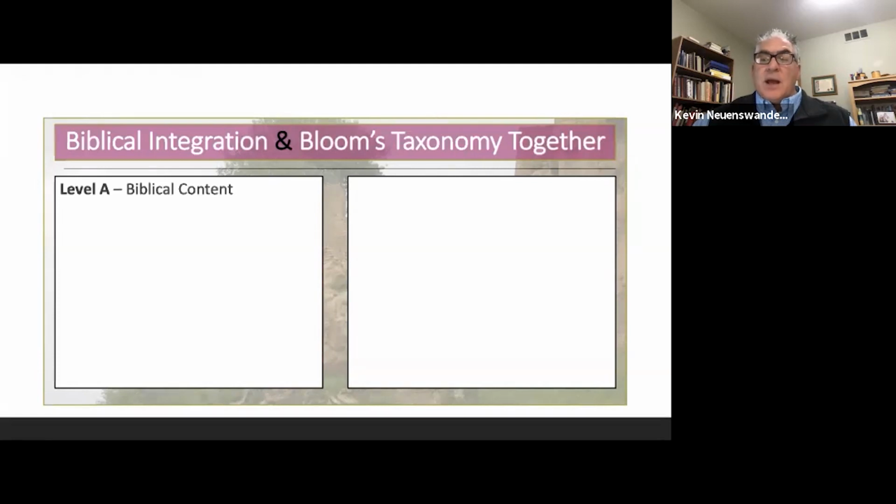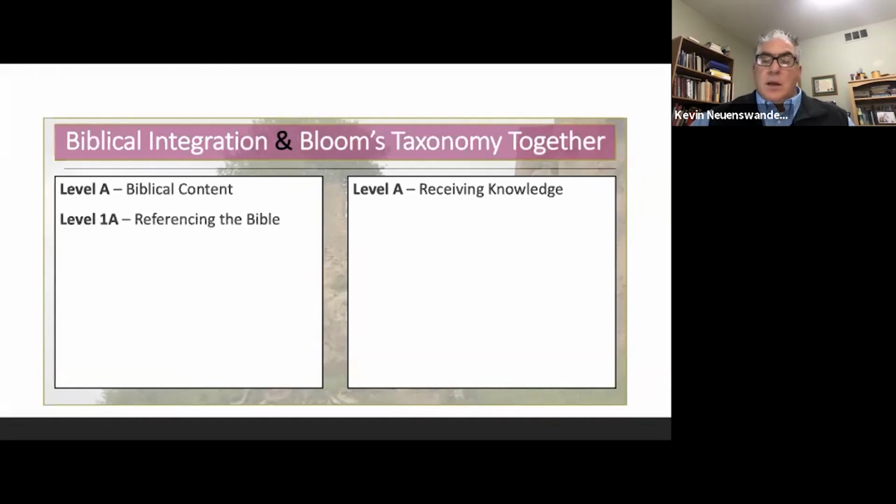Level A has no connection, or little connection, between the Bible or biblical thinking and cognition. BJU calls it level 0, although this has had a negative connotation for my staff and for me, so I call it level A. It's receiving knowledge, the lowest level.